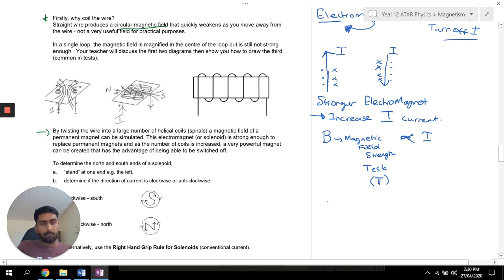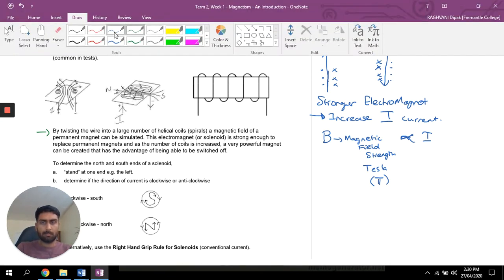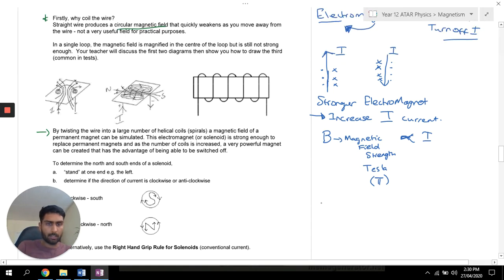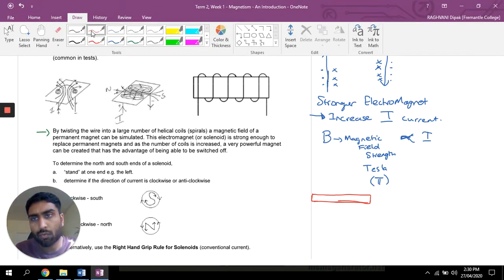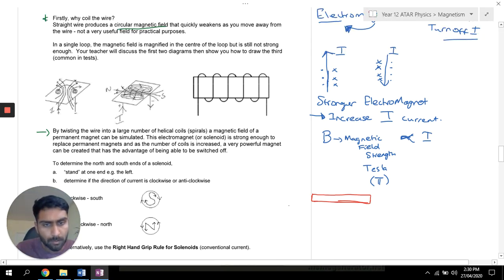Okay, so I'm going to draw a solenoid. A solenoid is an electromagnet which uses coiled wire. I'll draw this current carrying wire in black.